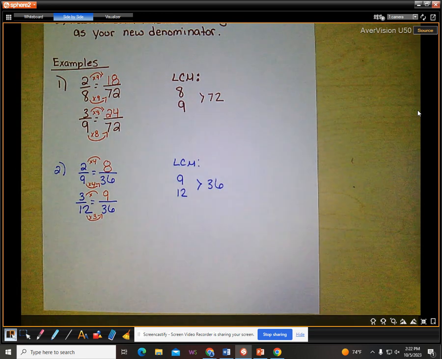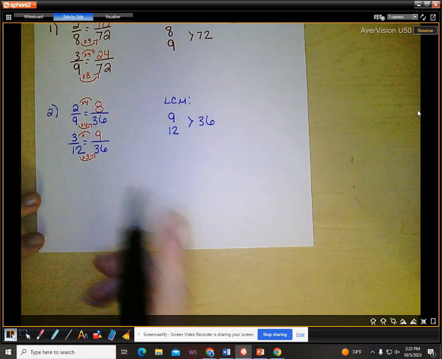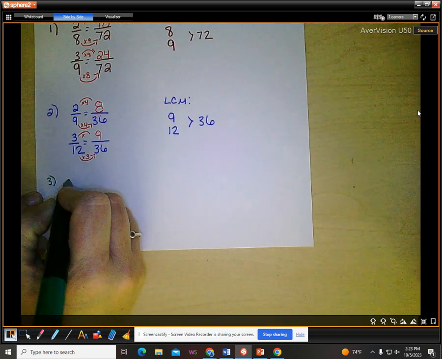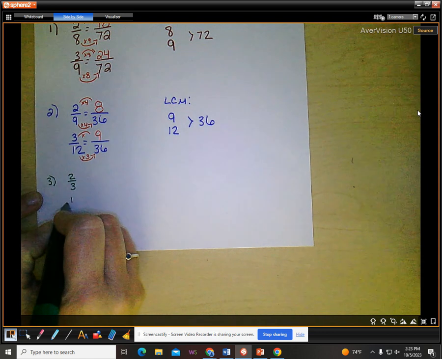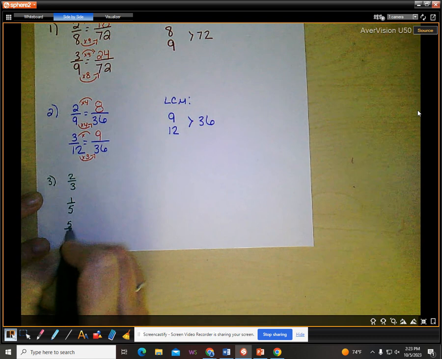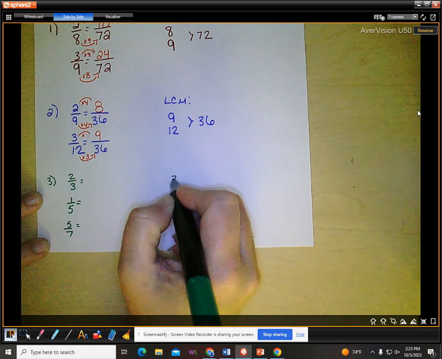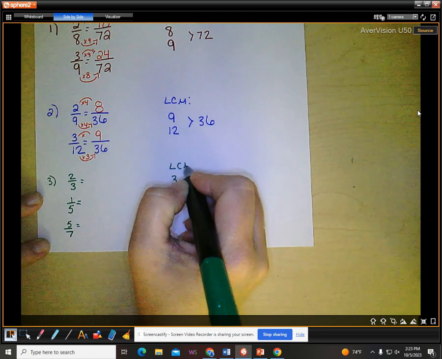Then, last example. Again, I'm going to use numbers that we used yesterday. So if I had 2/3, 1/5, and 5/7, my denominators are 3, 5, and 7. Okay.